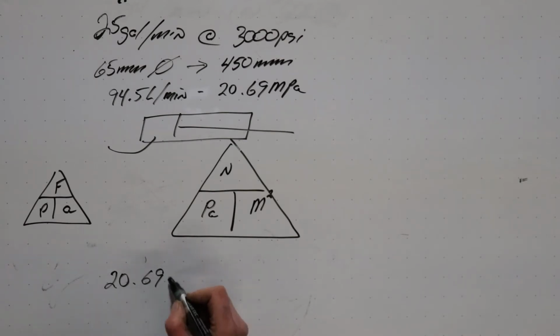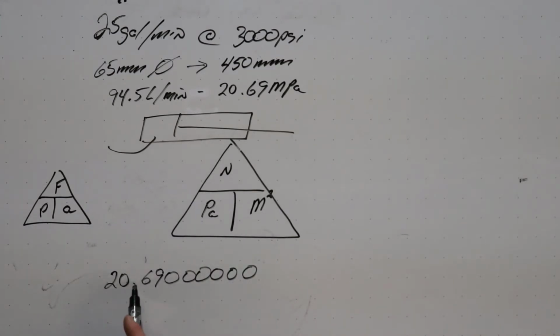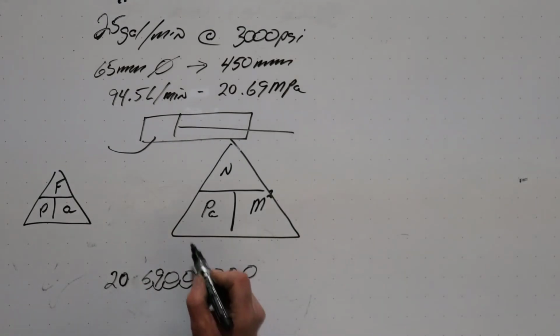If I want to change this from megapascals to Pascal, I just need to move the decimal place 6 places that way. 1, 2, 3, 4, 5, 6. There it is there. 20,690,000 pascals. So I'm not even going to put it in there.